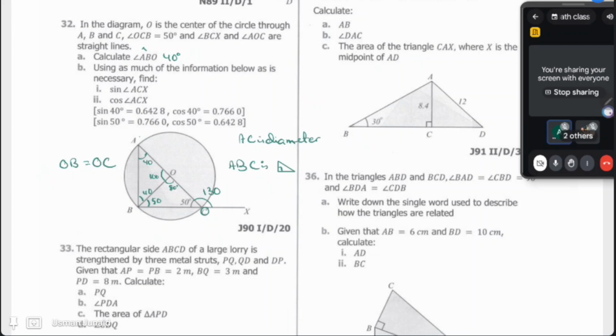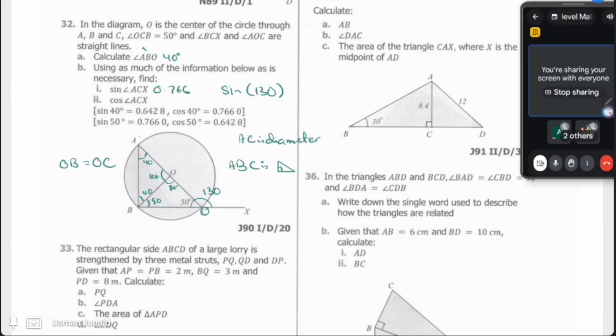So they said find sine ACX. You can find sine 130. What value is there? 0.7660.